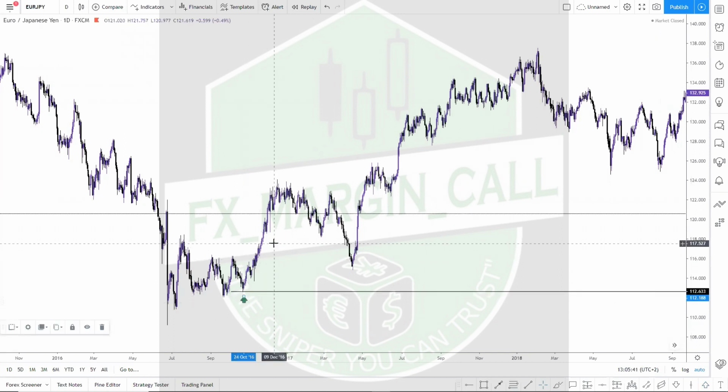Scaling in is a method you can use to turn a small account into a big one. Turning a small account into a big one is very challenging amongst retail traders, especially when we're starting, because most of the trading advice we get online doesn't really show us how to grow a small account.